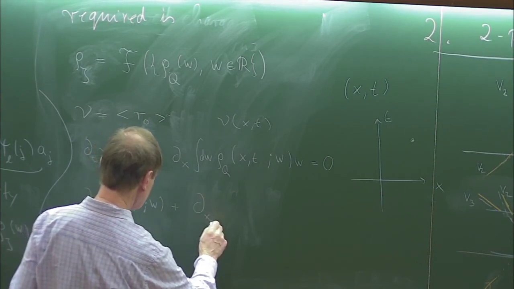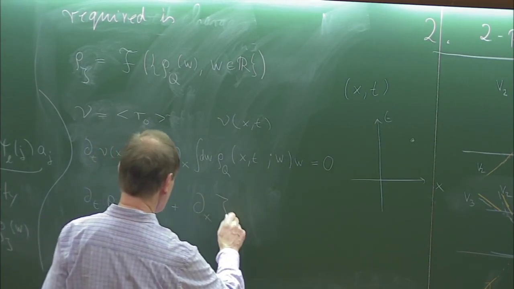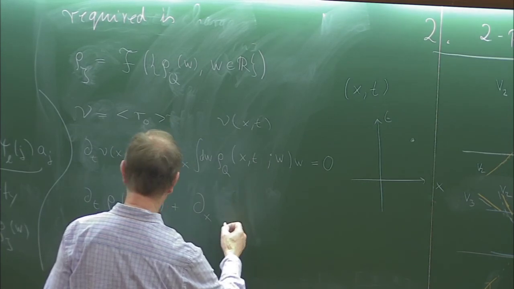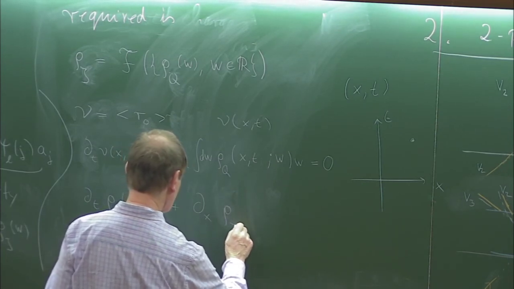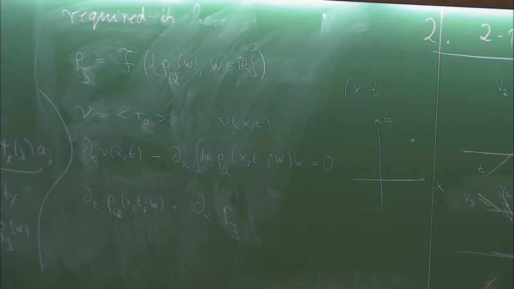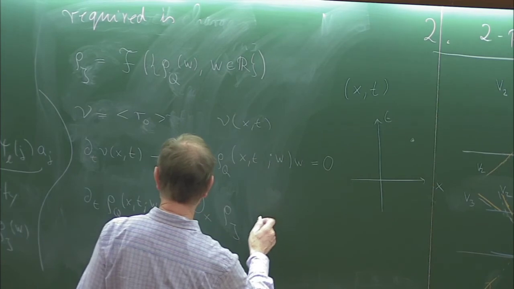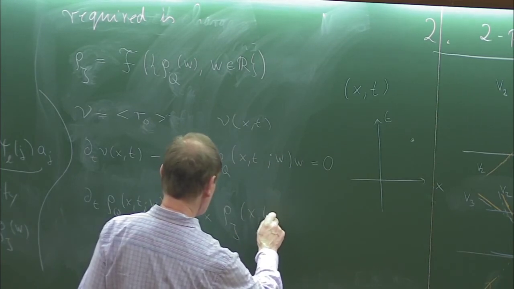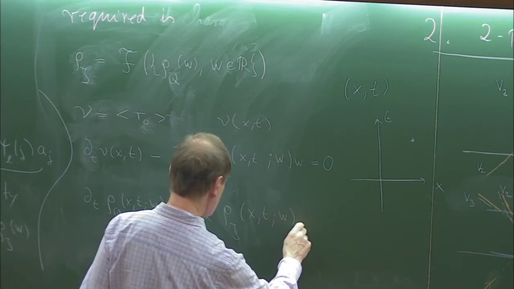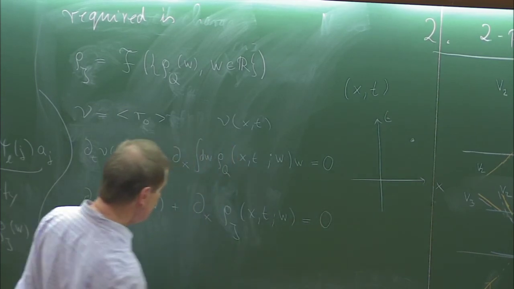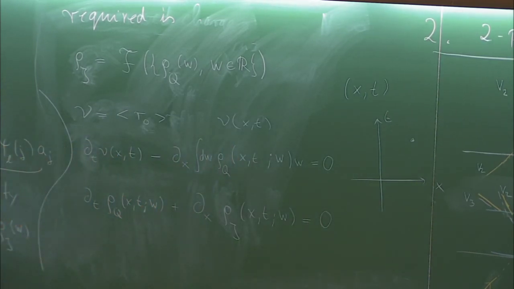It's just dx, and then it will be the rho, the current DOS, the one which we worked out here, with the same arguments x t.